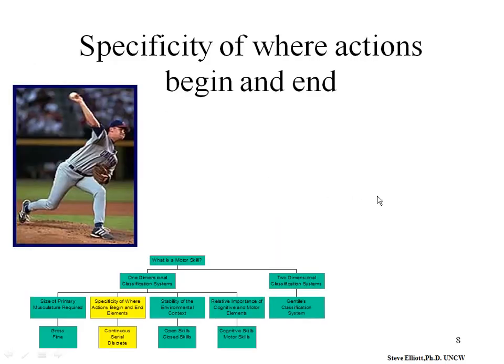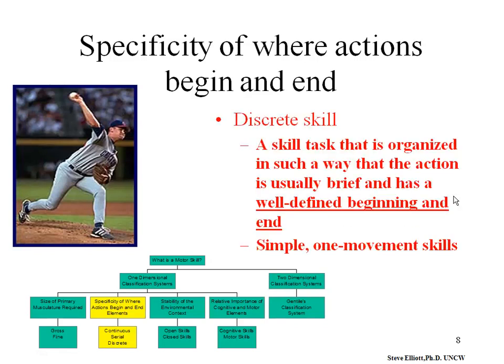The second classification system asks, when we take a motor skill, if we can see exactly where the skill begins and ends. And this is broken down into discrete, serial, and continuous. These are the three types of skill within this classification system.